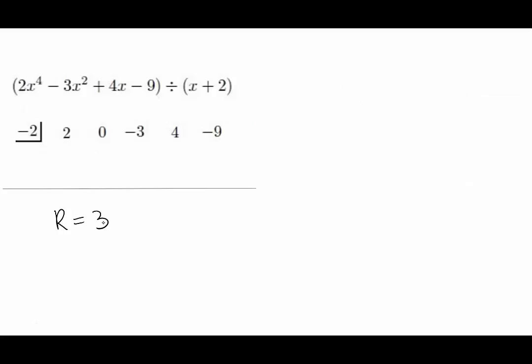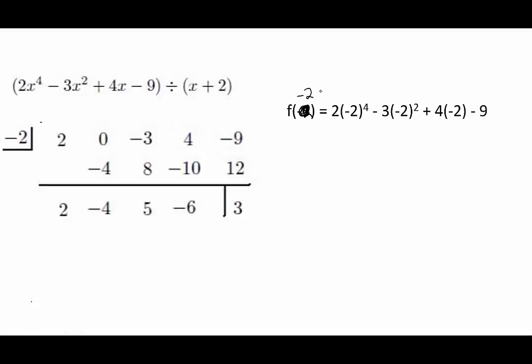So using synthetic division, we got remainder equals 3. Let's use the remainder theorem. The remainder theorem says to find out what the remainder is, you plug in the opposite of this number right here. So we're going to plug in negative 2. Pause the video, plug in negative 2, simplify, and let's see what you get.